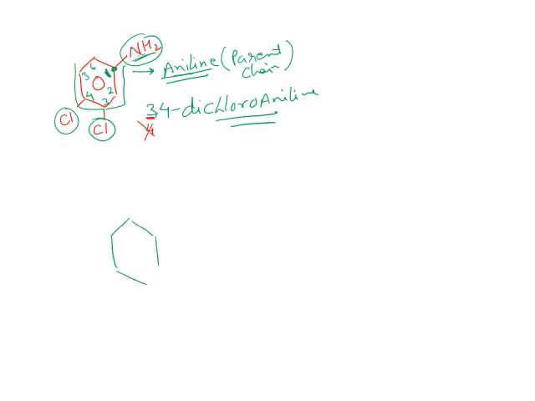Let me give you one more example. This is your benzene. You have OH group, you have bromine, and you have chlorine. Okay, so what should be the name for this organic compound?